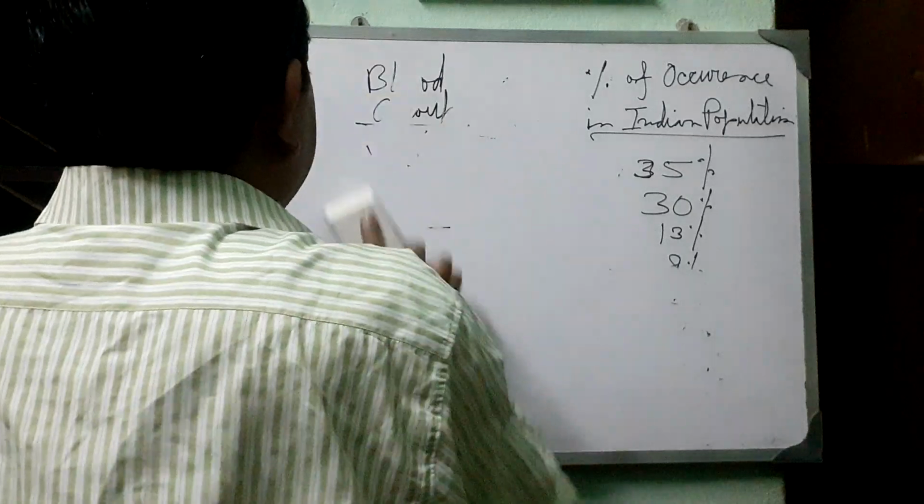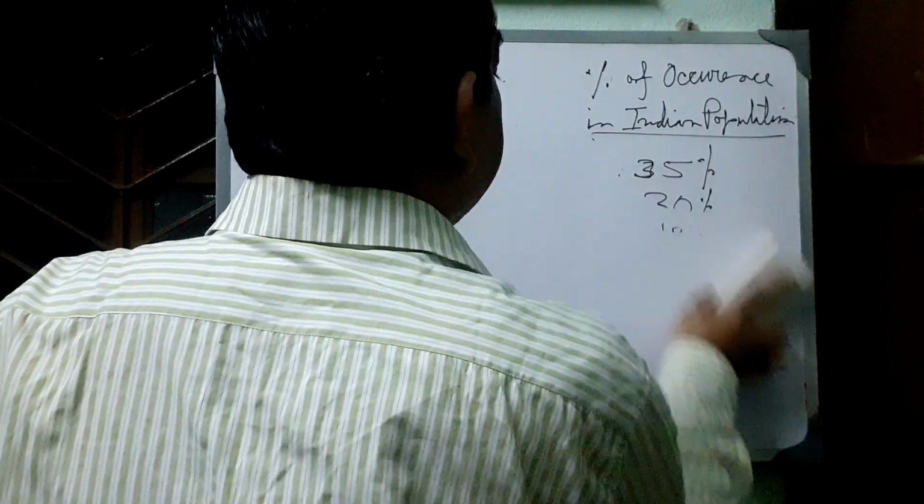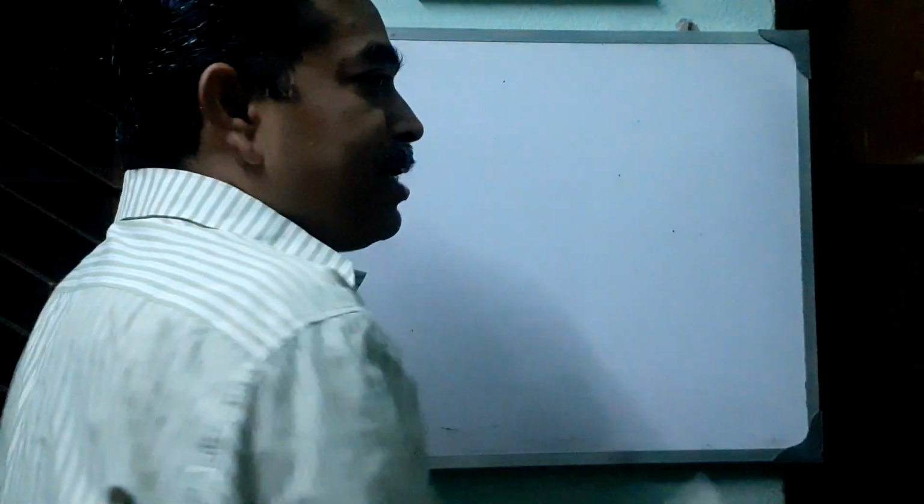Now, come to the point. Generally, these are the alleles. These ABO phenotypes are encoded by the same genetic locus. It means A, B, and O are the same alleles of the same gene.